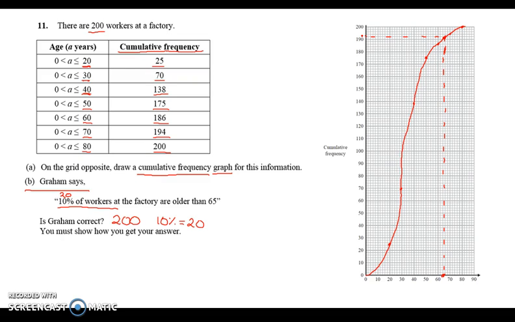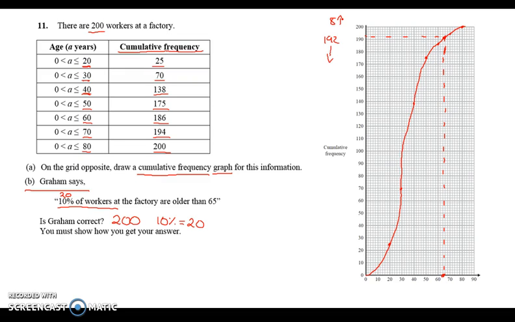Let's just check the mark scheme to see what they reckon. So, what have I said? Yeah, I've said 192 are less than 65. So that means there are 8 above 65 for my graph. I think they're saying 9.